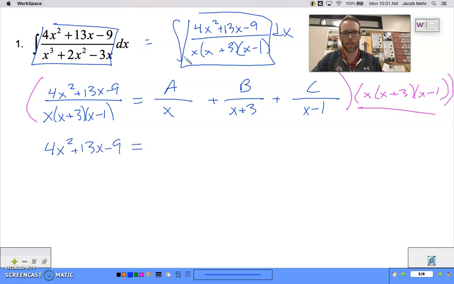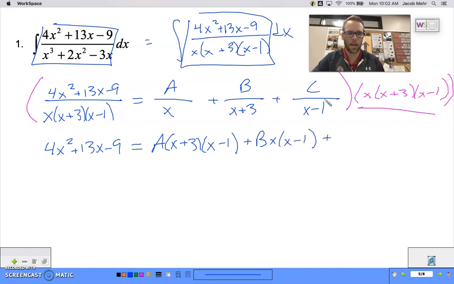Now when we distribute it to this term, we have an A, the x's cancel, then we have x plus 3, x minus 1, plus, now distribute to this term, we have a B, the x plus 3's cancel, and we still have the x minus 1 left from the LCD, plus C times, now the x minus 1's cancel, C times x, x plus 3. So here's this equation, no more denominators.